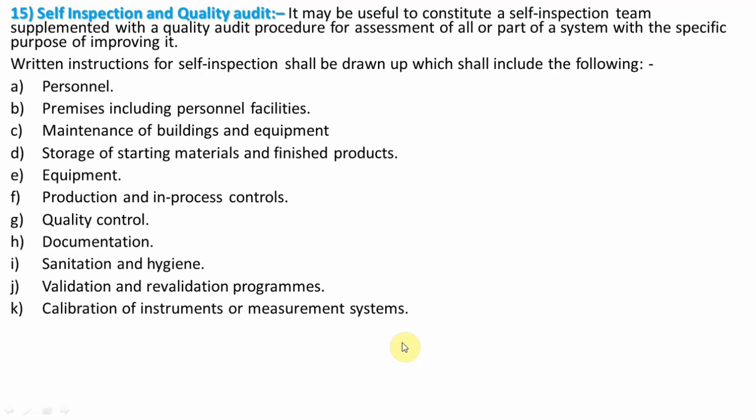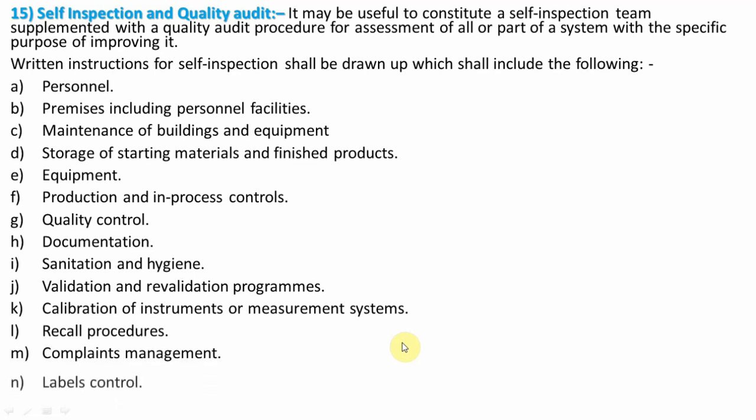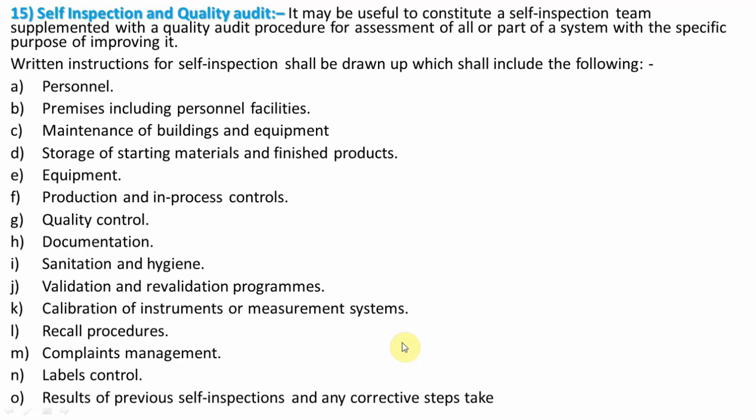If validation fails, then we have to do the revalidation. Then calibration of instruments or measurement systems. Then recall procedures, complaints management, labels control, results of previous self-inspections and any corrective steps.